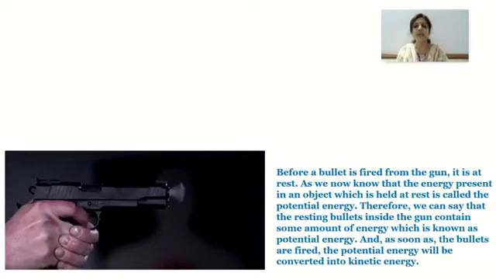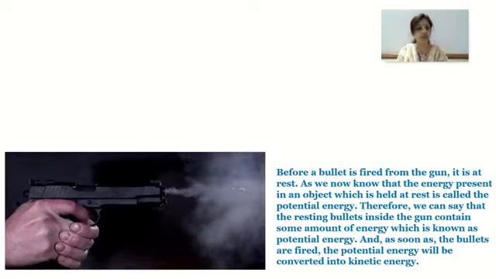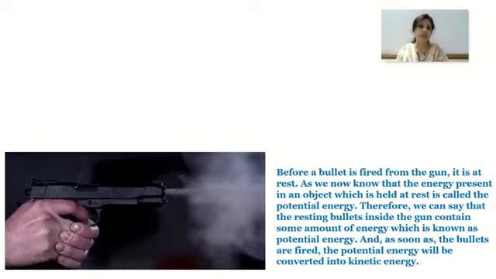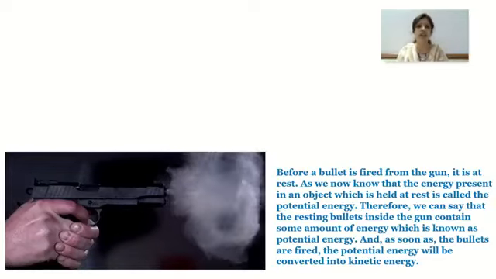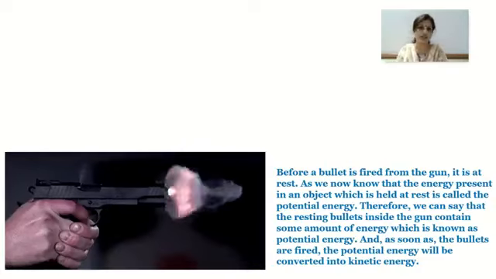As soon as you press the trigger and the bullets are fired from the gun, the potential energy gets converted into kinetic energy. Have a look at the picture once again. You can observe that after pressing the trigger, the bullets are coming out of the gun and the potential energy of the bullet is converted into kinetic energy.